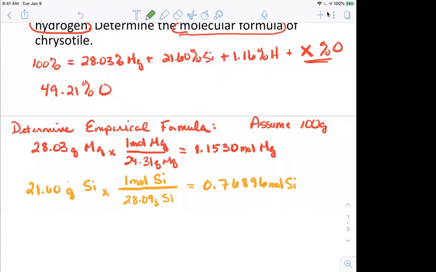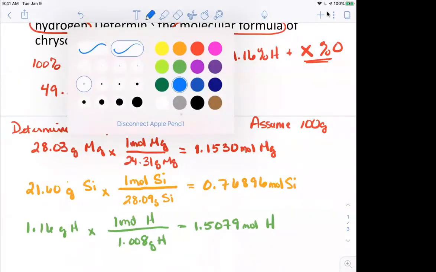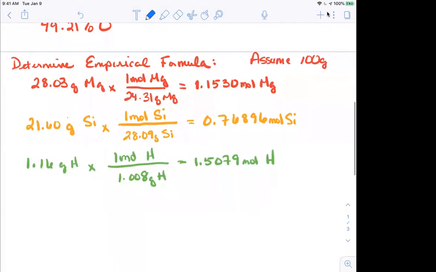The next element on my list is hydrogen. If I do the same thing for hydrogen, for every 1 mole of H, I have 1.008 grams of H. 1.16 divided by 1.008 gives me 1.5079 moles of hydrogen. And then the next is my oxygen.